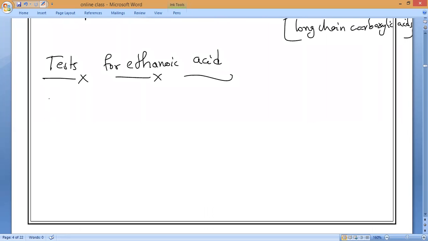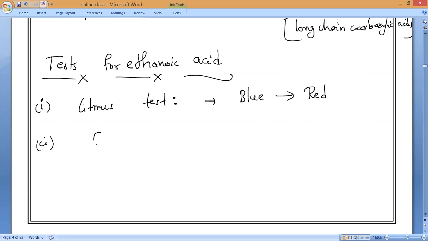So the first test for ethanoic acid is the litmus test. It will convert blue litmus to red as it is acidic in nature. Second one, the ester test. It will give a sweet smell.